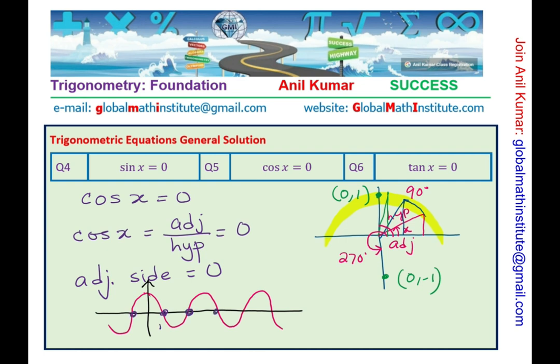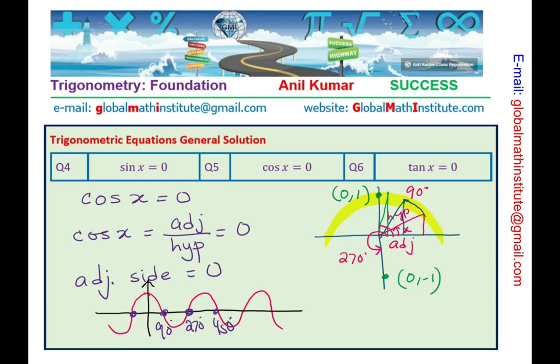And these points are at 90 degrees and 270 degrees. So odd multiples of 90, right? 90 times 1, 90 times 3, 90 times 5, right? So 450 degrees, and so on.